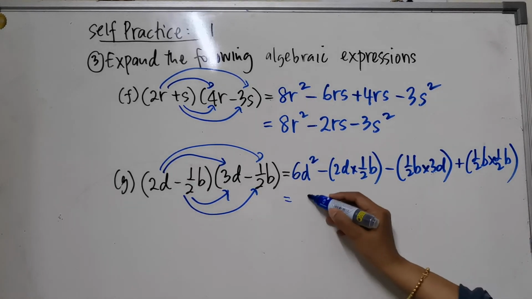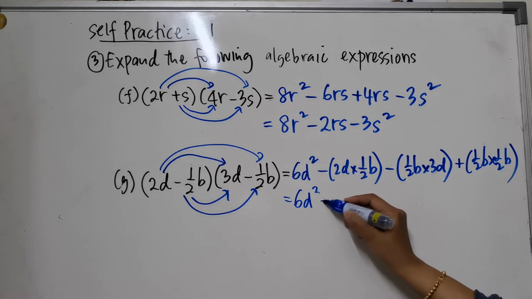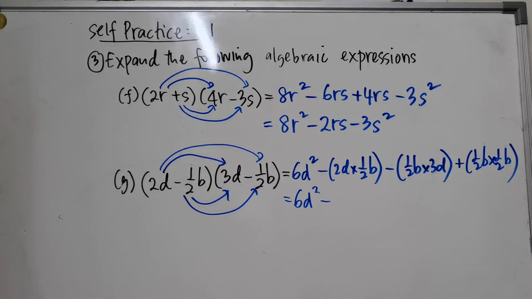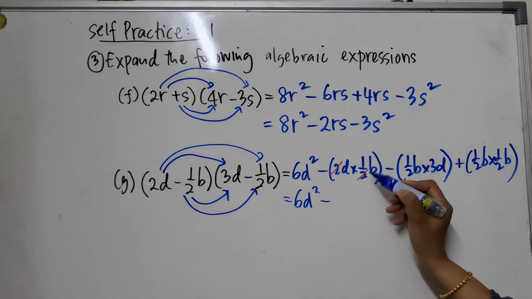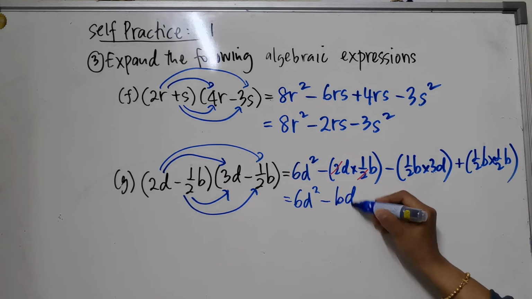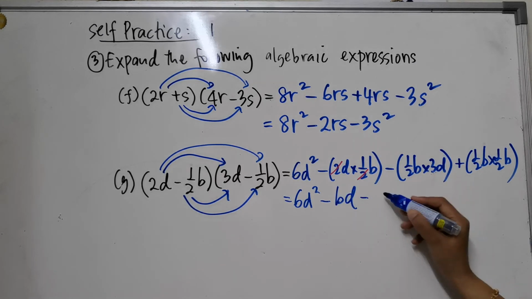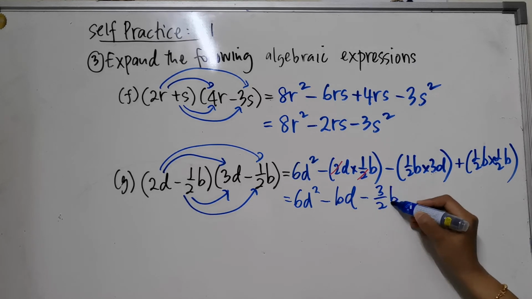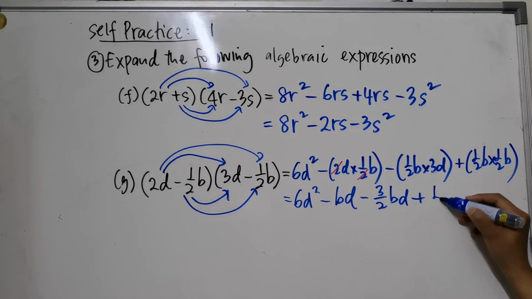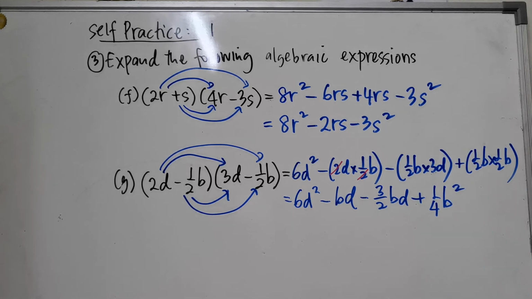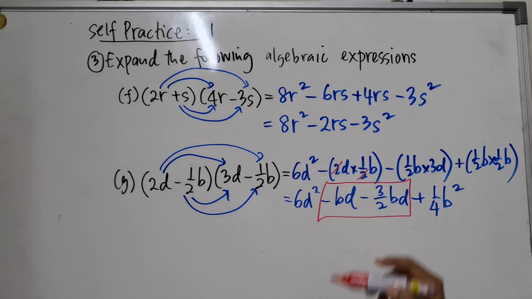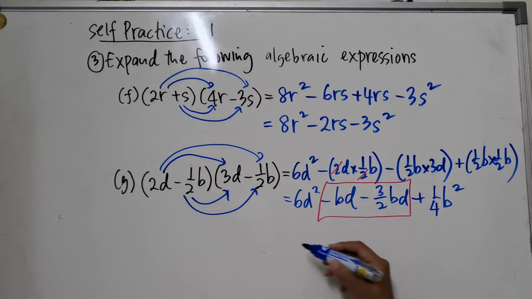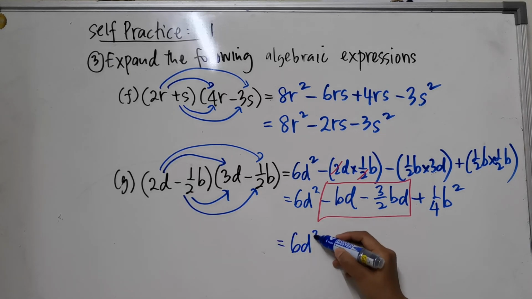Okay, now we have 6d square minus, okay, this one is a fraction, numerator and denominator, you can cross out, so we have bd. This one is 1 over 2 times 3, 3 over 2 bd plus 1 over 4b square. Those that have the same term, that is this one. So what you're going to write is equal sign 6d square.